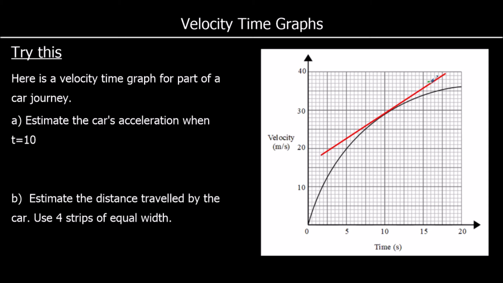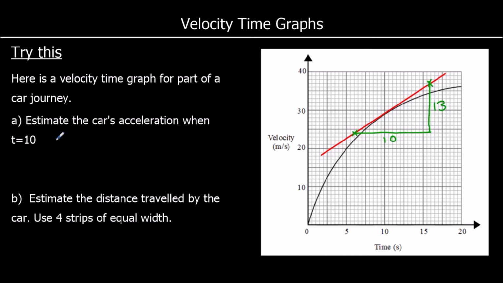And we are looking hopefully for some good points. So let's say 16 and 37 here, and 6 and 24 there. So from 6 to 16, that's along 10. And from 24 to 37, so 24 to 37 is 13.